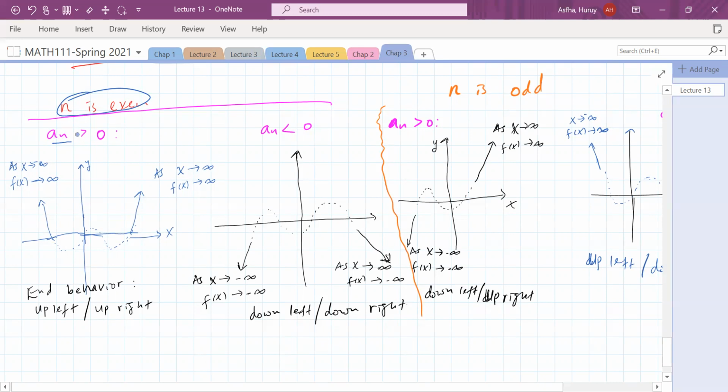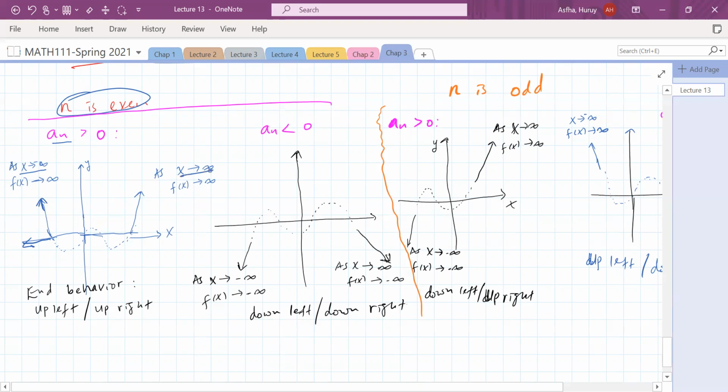If the leading coefficient is greater than 0, we know the graph opens upwards. Here I use the dotted lines because I don't know anything about the behavior of the graph in the middle, but the end part I know. Therefore, if n is even and a_n is positive, then as x goes to negative infinity, the graph goes to positive infinity, which means it's opening upwards.